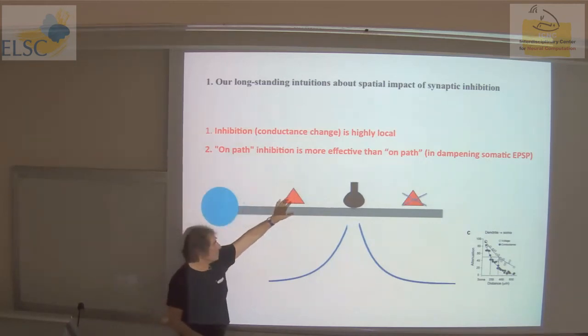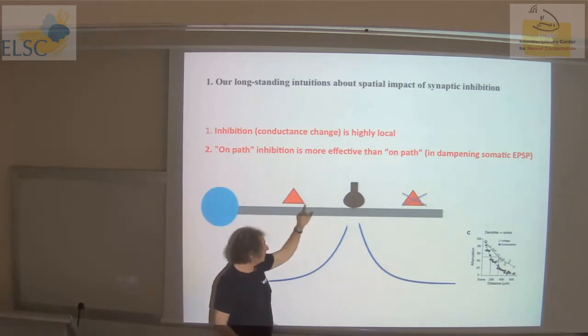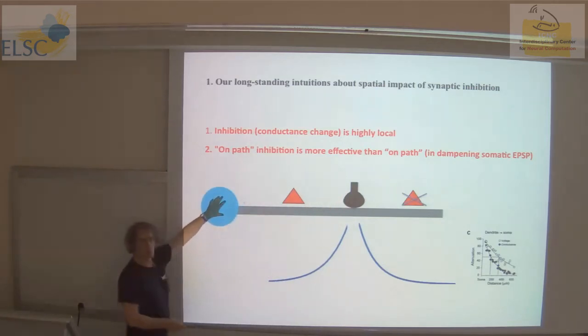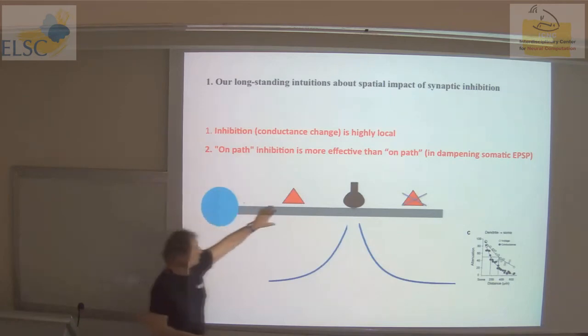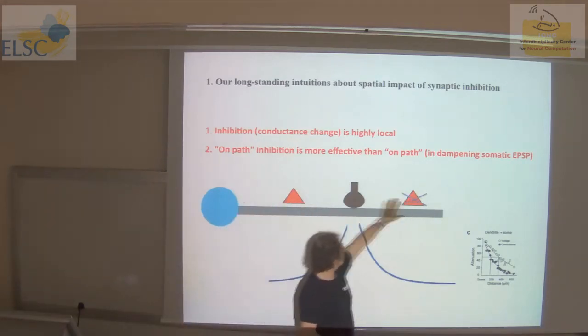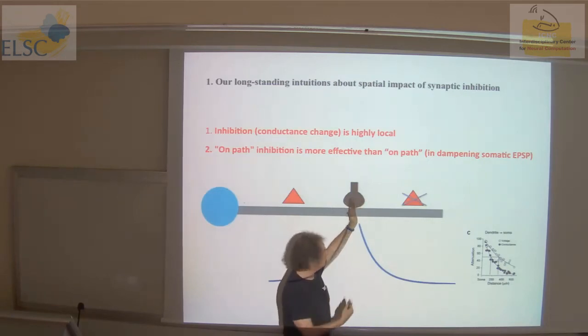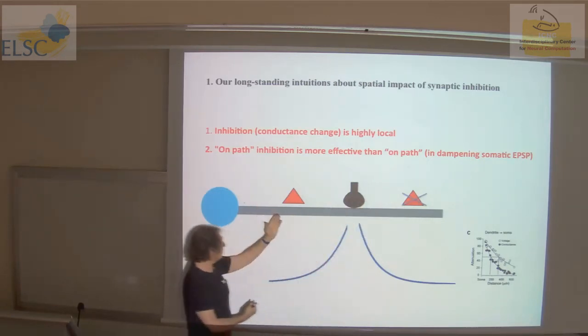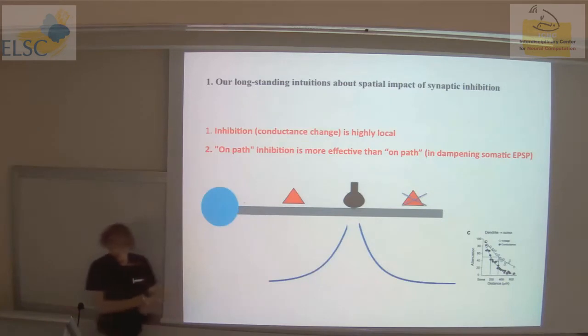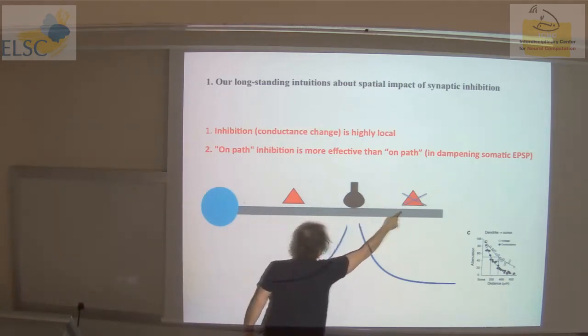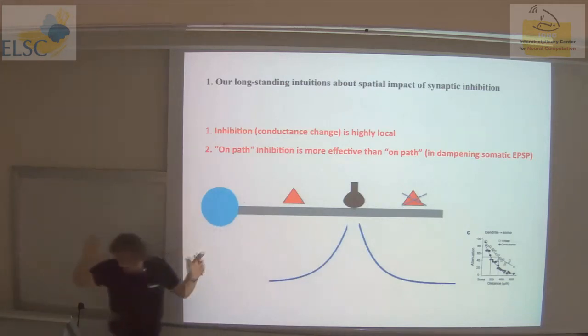A synapse at the soma will lose a little bit of current backward to the shunt, but most of the EPSP will be seen here. And if a distal synapse is active together with the inhibitory one, it will veto or partially veto the excitatory current flow to the soma. That is the on-path condition: inhibition should be on the path between excitation and the soma. So these are two common pieces of knowledge.